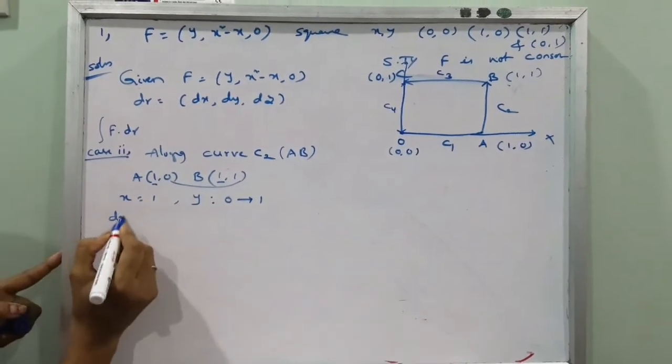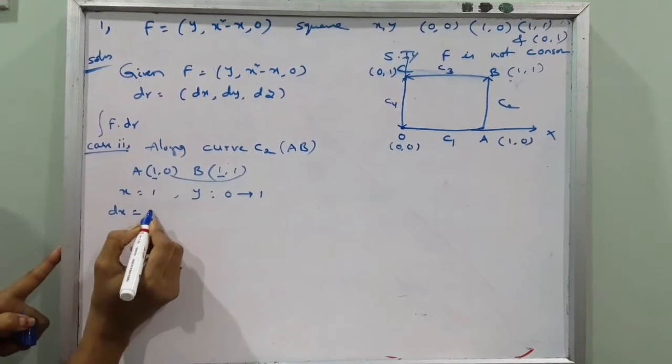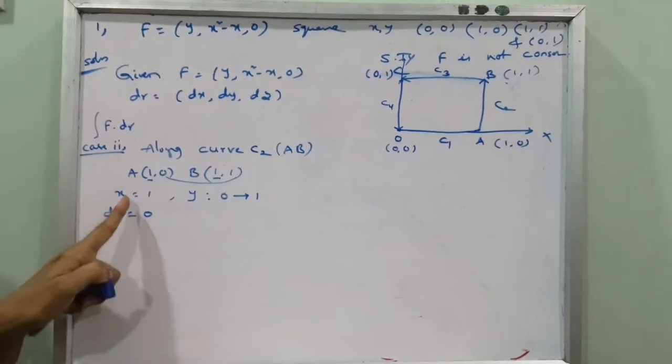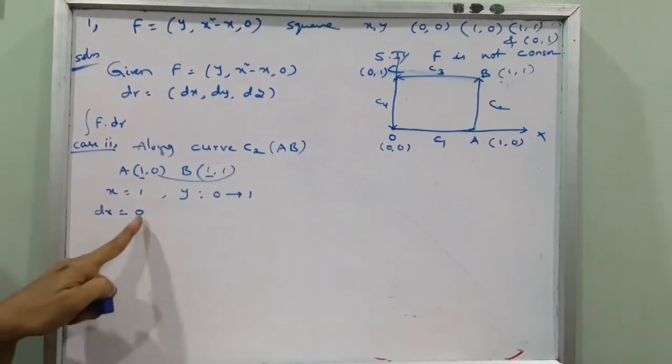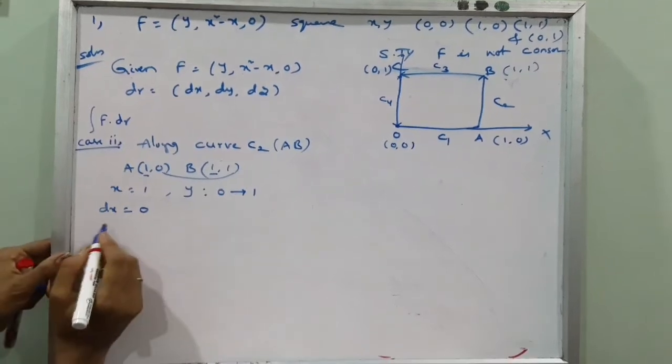If x is equal to 1, then dx is the derivative of a constant, which is 0.